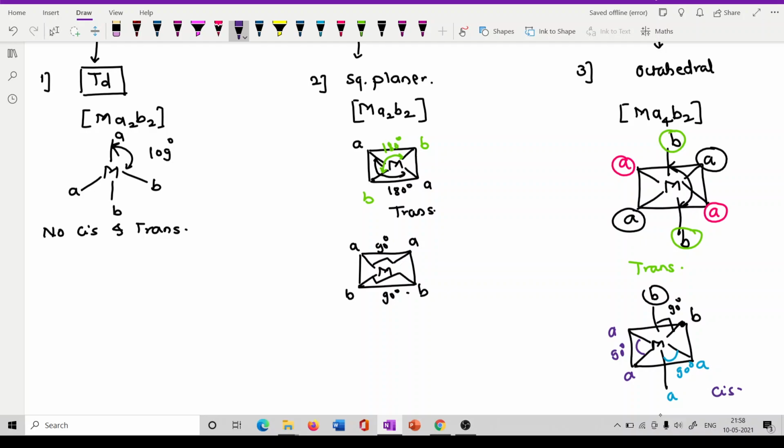This is all about geometrical isomerism. We'll see the details in the next part. Okay, thank you.